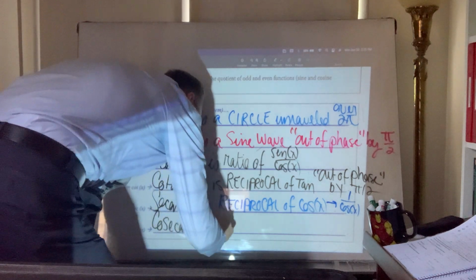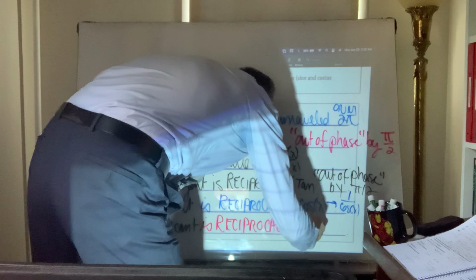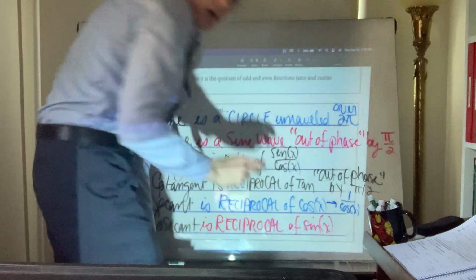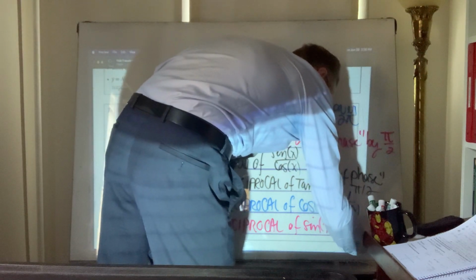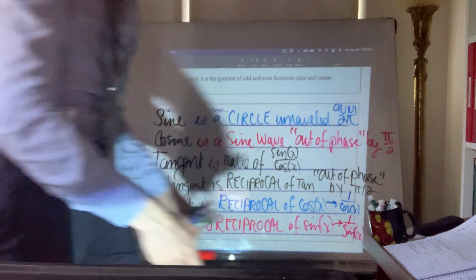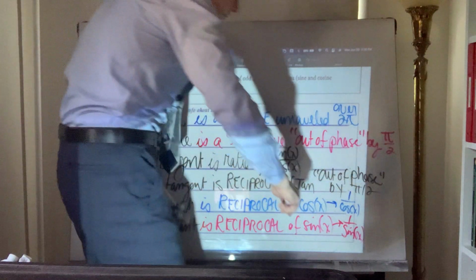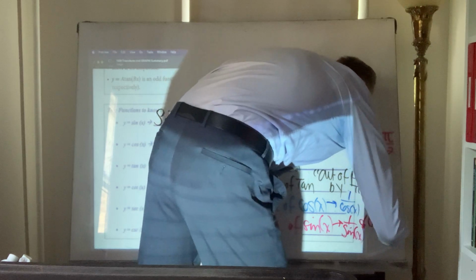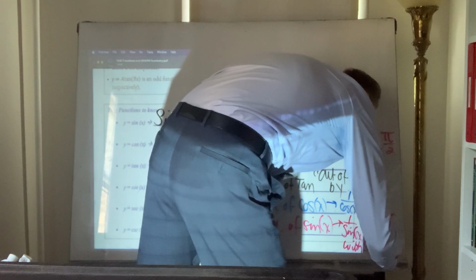Cosecant is, remember, the reciprocal of sine, which means that, hopefully my cup is not in the way, it would look like, if you were going to use your calculator, say, to draw it, right? 1 over the sine of x, right? And way out of phase with secant by pi over 2, so 90.